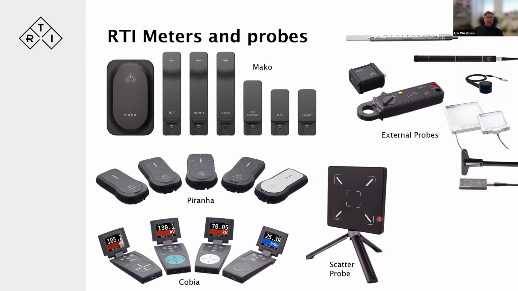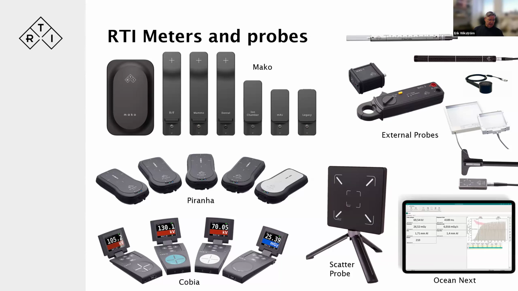The most recent system that we have, like I said, is this RTI Magno, which will be the workhorse for us in the future. It has a range of probes for RF, mammography, dental, and then also for ion chamber usage, mAs applications, and a legacy option to be able to utilize legacy probes from the previous systems like Piranha, for instance.